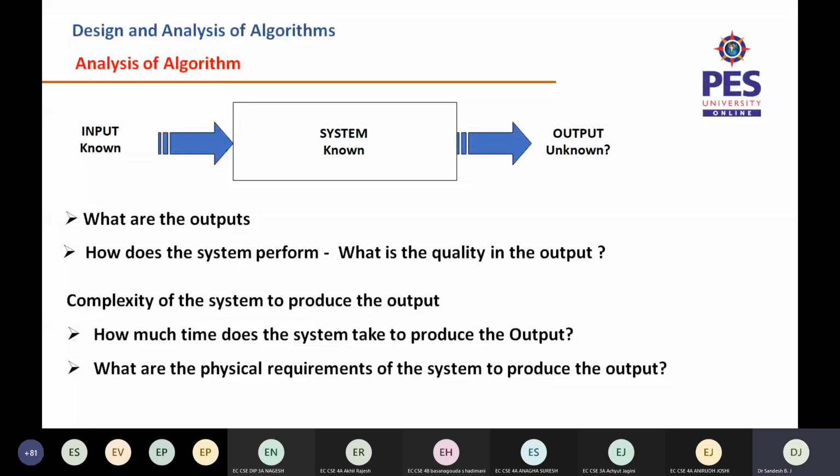Could you see it now? Yes, sir. Analysis of algorithm.